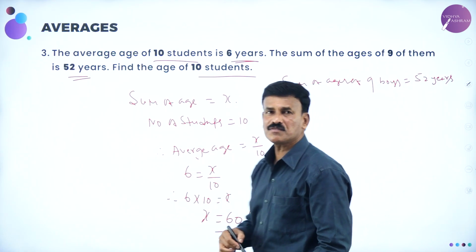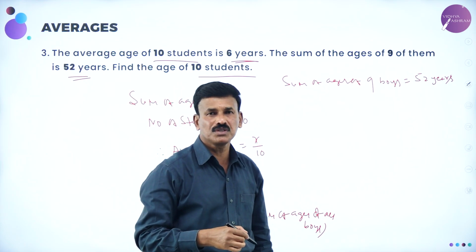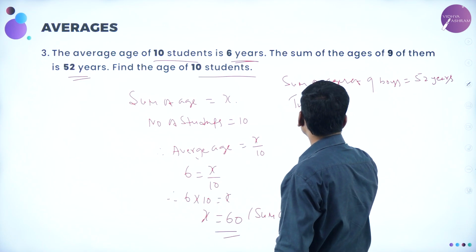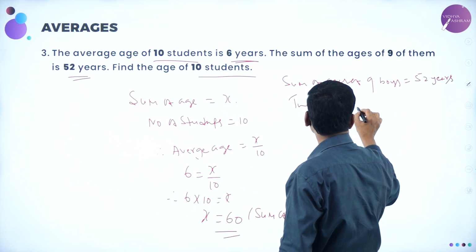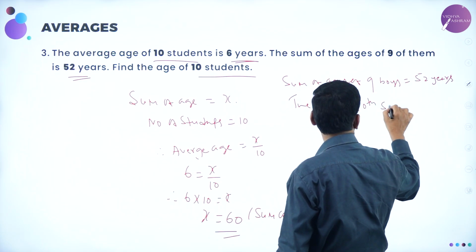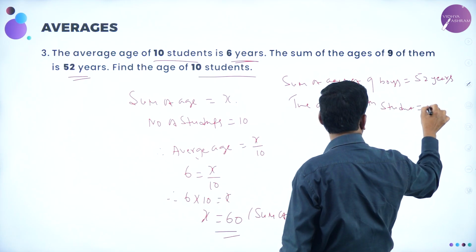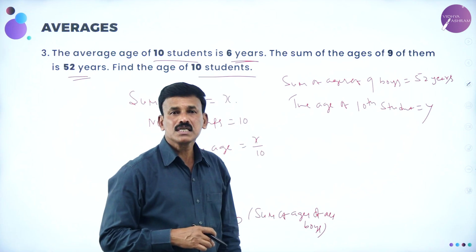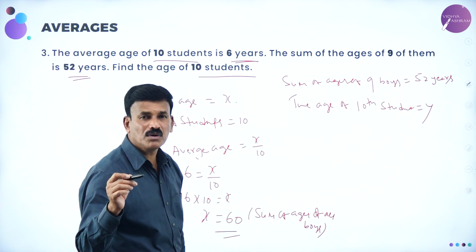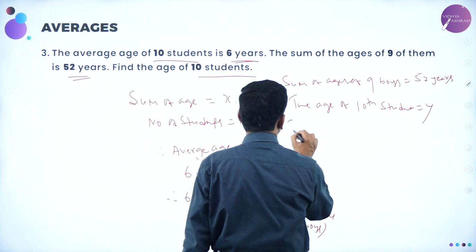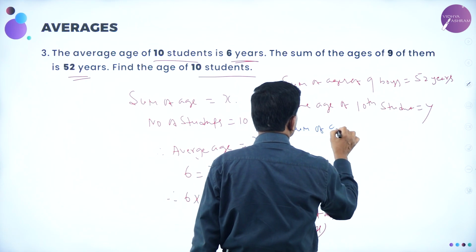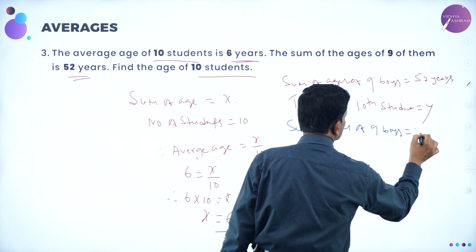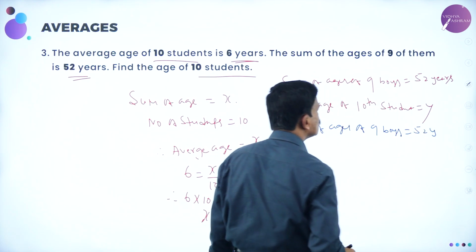Now what is to find? The age of the 10th student, let us consider it as y. The age of the 10th student is equal to y, right? Given the sum of the ages of 9 boys is equal to 52 years.